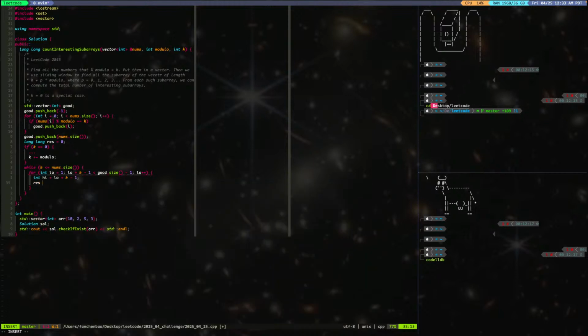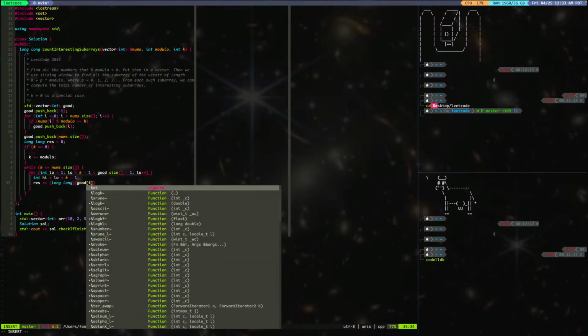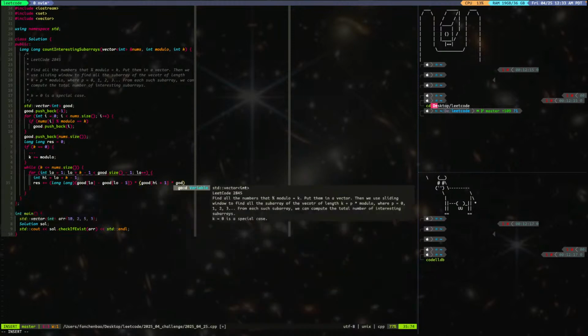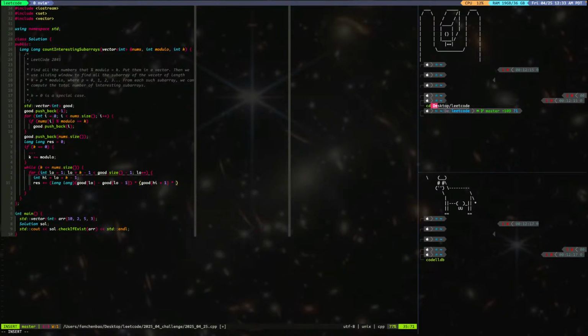Now we have a low and a high. We can say rest plus equal to, well, I need to long this thing. Long good low minus good low minus 1 multiplied by good high plus 1 minus good high.